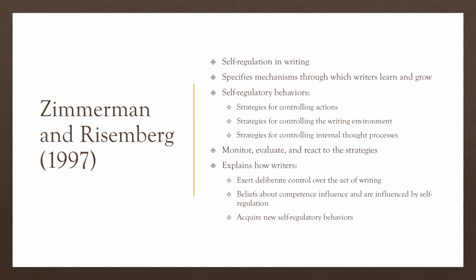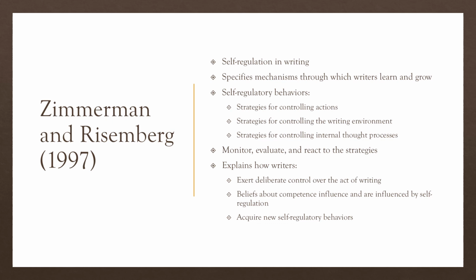And to me, a strategy that encourages self-regulation is going to require the teacher to let go of some control. This was in the late 90s. This was pretty revolutionary. If you went to school in the 90s, you probably had a lot of time sitting in rows with the teacher at the board. This is giving students a lot more control over their own learning and also a lot more peer interaction. Their job is to monitor the strategies they're using, evaluate if they're effective, and react to them.